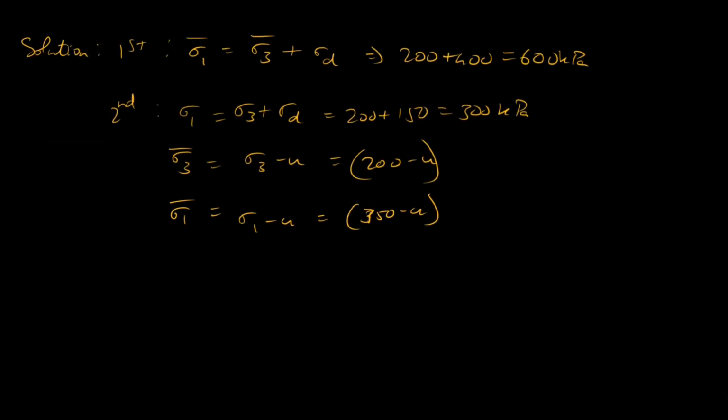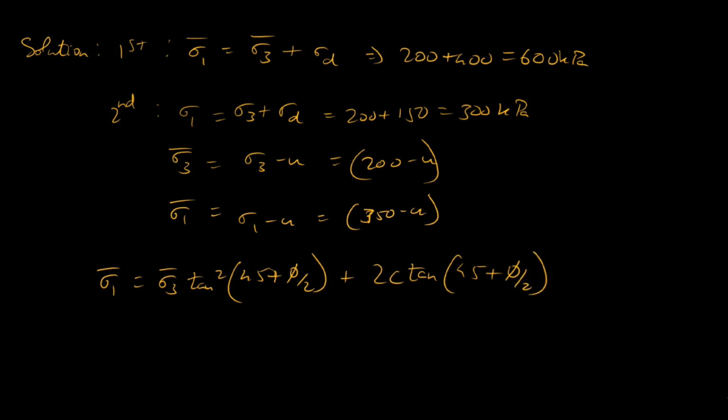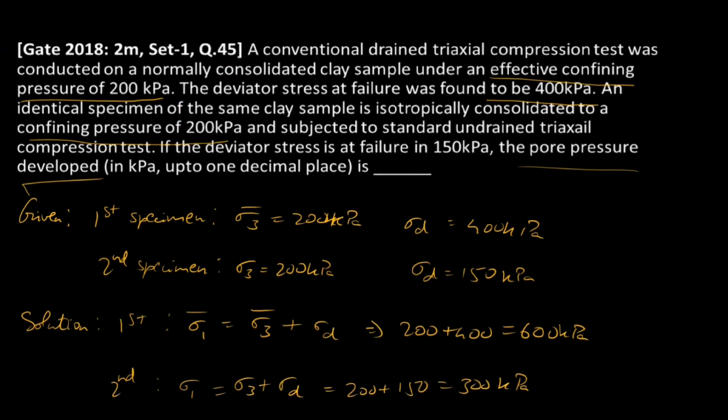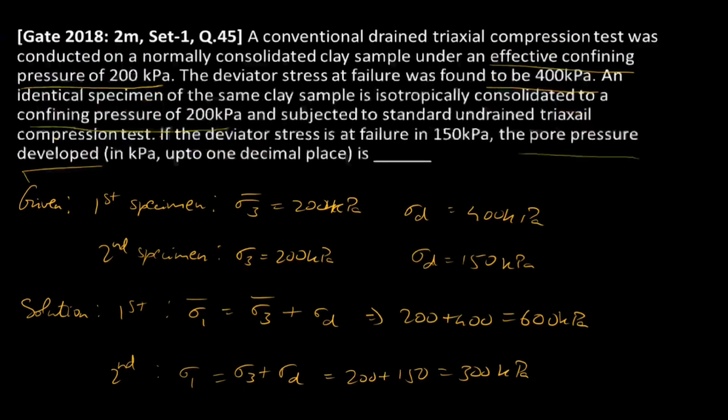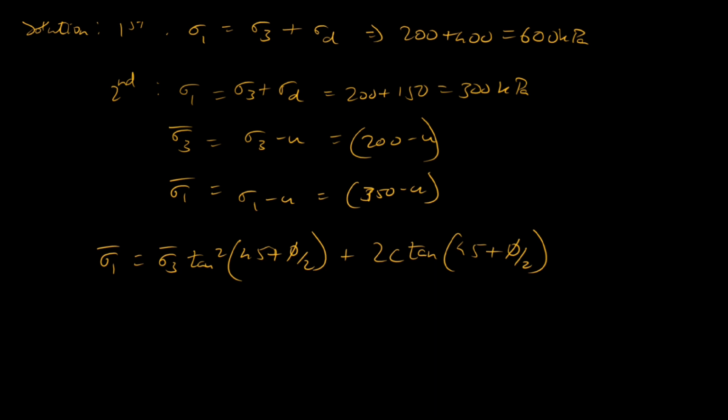If you see the stress relationship, sigma 1 dash will be equal to sigma 3 dash tan square (45 plus phi by 2) plus 2C tan (45 plus phi by 2). From the first specimen, we can take the value. The test conducted is a drained triaxial compression test, so C will be equal to 0.